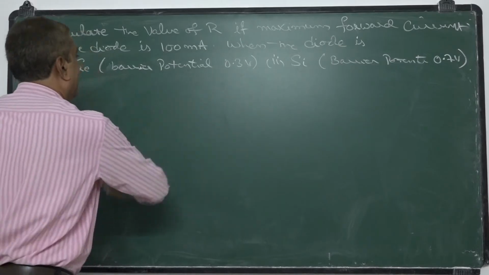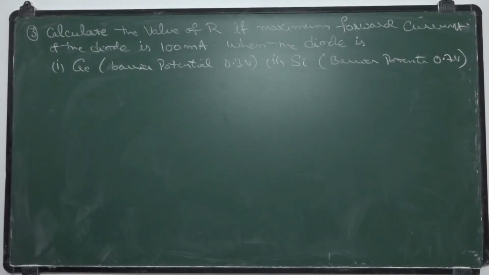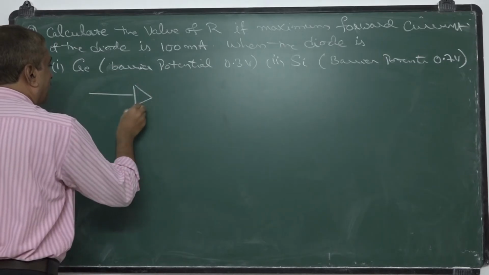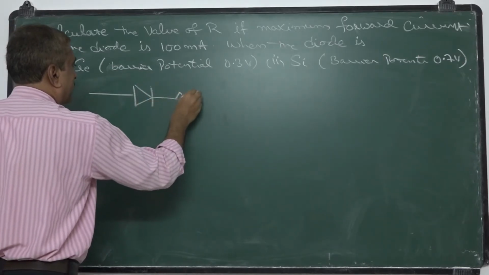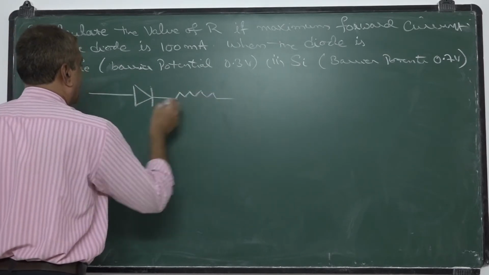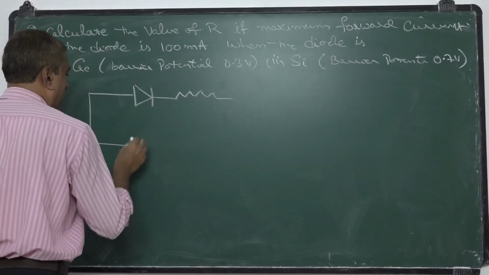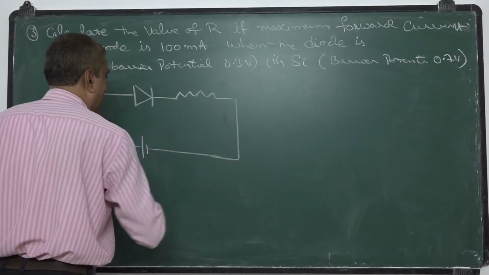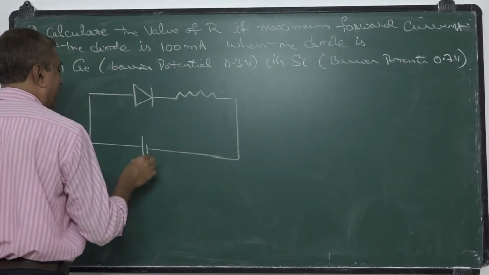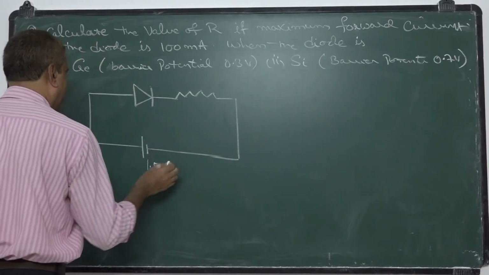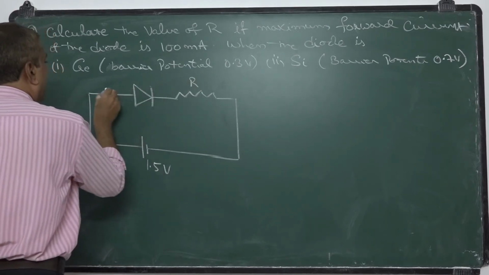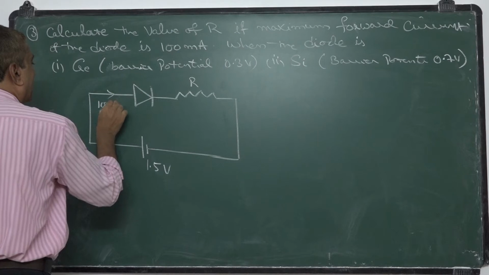Now the circuit for this problem is given like this: a diode and a resistance R, with a 1.5 volt source. The maximum current is 100 milliampere.